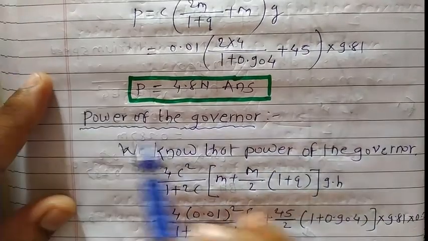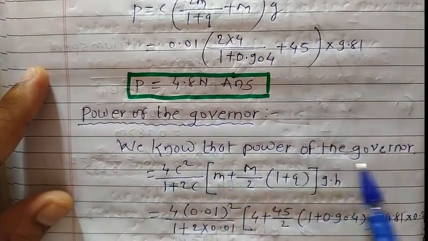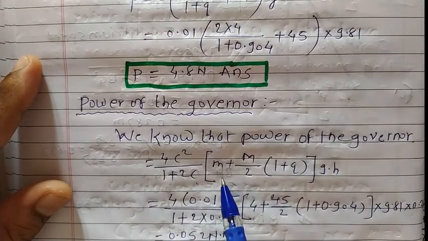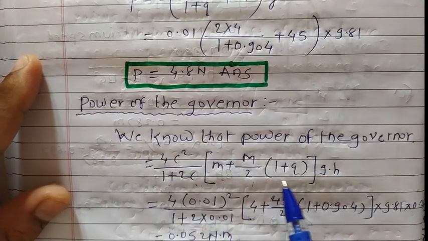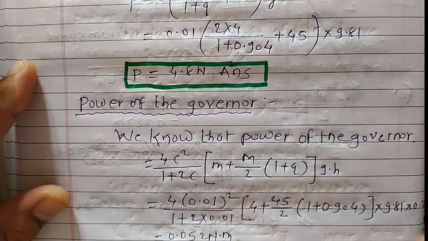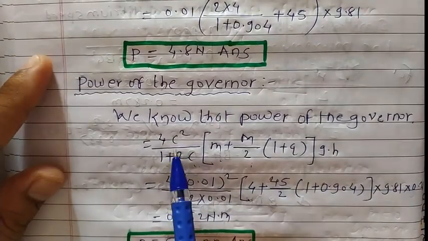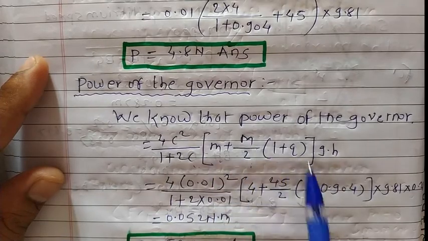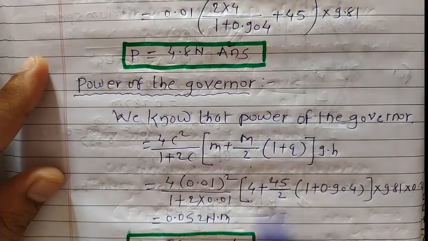Here for the power of the governor, this relation is already with us: 4c square divided by (1 plus 2c) into (m plus capital M by 2) into (1 plus Q) into g into H. Substitute the values of c, M, capital M, and Q. So what do we get here?